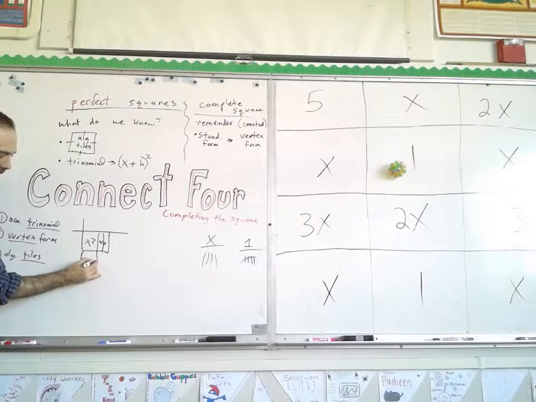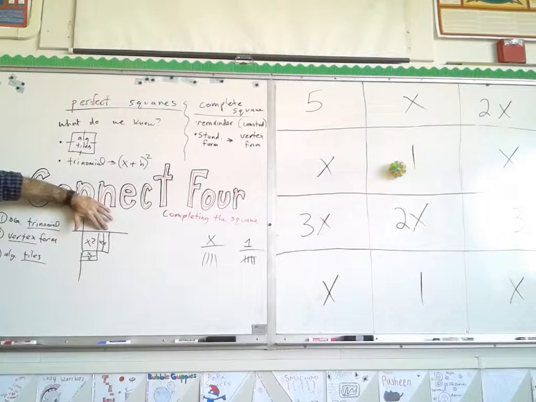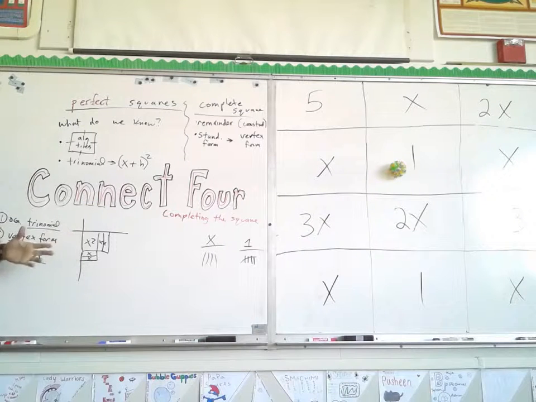Okay. What was the reason for doing 2 and 2? Could I have put 3 over here and 1 over here? I could have, but I'm looking to make a perfect square. So with completing the square, the branches are going to have the same number of x's on it. That's how we're going to make the square. A rectangle we'd make if we position them differently.